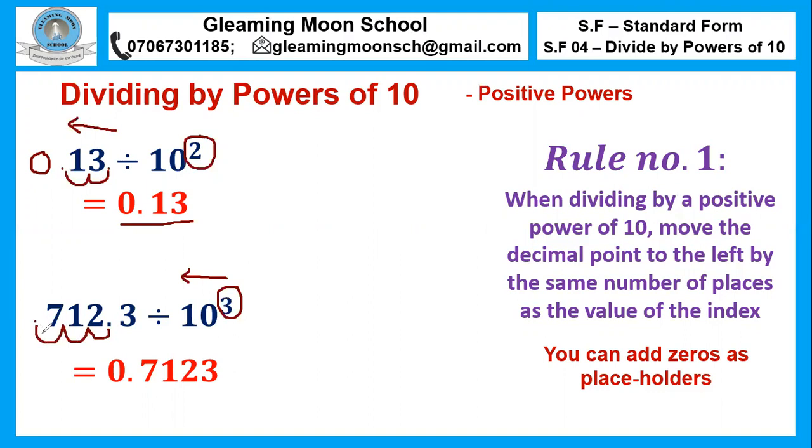So we put the decimal point there and add a 0 placeholder. And that's what gives us this answer, 0.7123. So copy the rule and copy these annotations that I've done here to show you how this rule works. And the next screen, you're going to have a set of questions that you're going to answer using this rule.